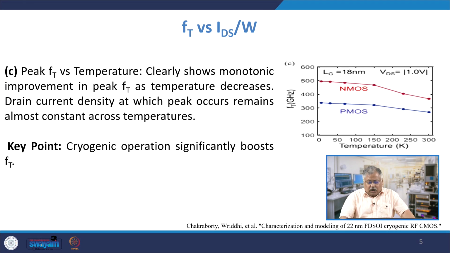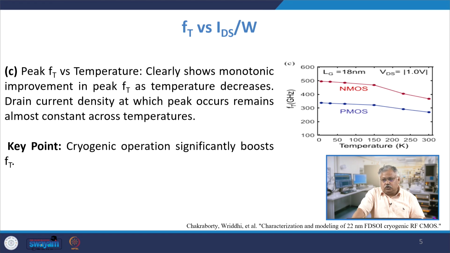Now, if you plot FT with respect to temperature for NMOS and PMOS, this shows a monotonic improvement in the value of FT as the temperature goes on decreasing. Almost linear betterment in the value of FT with temperature, and I have kept it almost in the saturation region. So your overdrives are large, you are using a large amount of drain current.